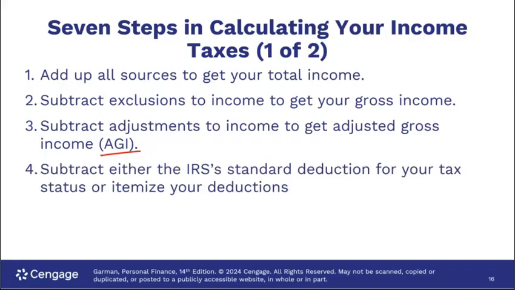So subtract either the IRS's standard deduction for your tax status or your itemized deduction. There are two. They're in the slides later. I think 14,600 is for single and 29 something for married.